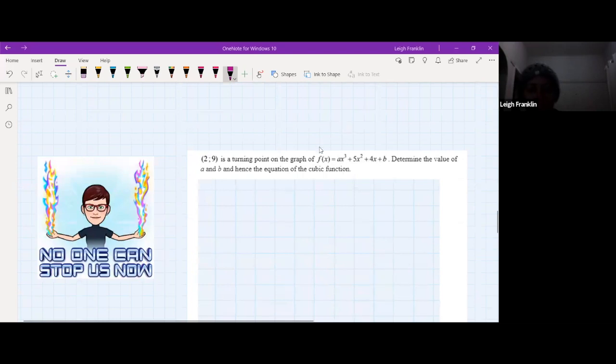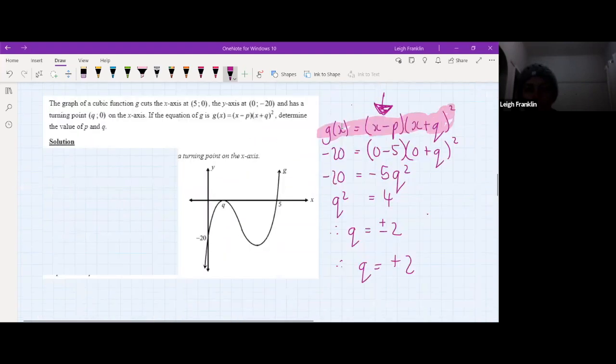Okay. Bochepo, yes, you've got a question. Go for it. Ma'am, so if ever they ask for P or Q, we must look for the coordinates where y is 0. Is that it? I'm not 100% sure what you're asking me. Can you just explain that again?